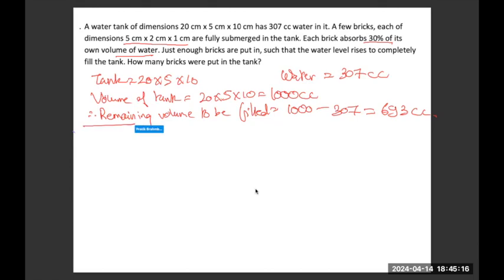The size of the brick is given. The brick is 5 by 2 by 1 centimeter. So the volume of the brick is equal to 5 multiplied by 2 multiplied by 1, which is 10 cc.